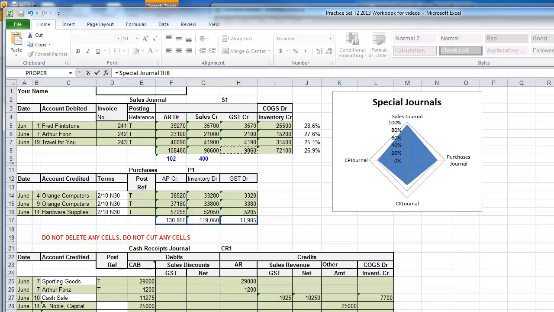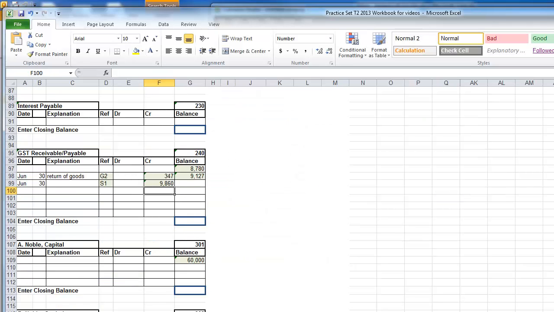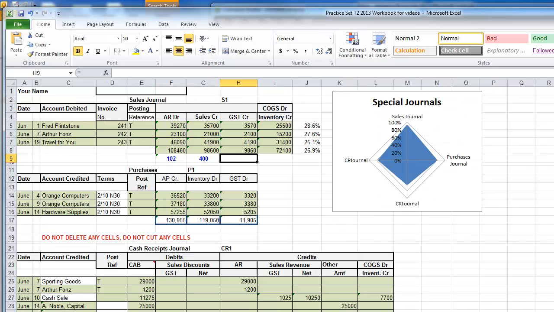It is 9,860, and again we owed 9,000 before. We've added another 9,000 to it, so we owe GST of 18,987. And where does that come from? That's money we've collected from our customers on behalf of the ATO, and that's account 240.